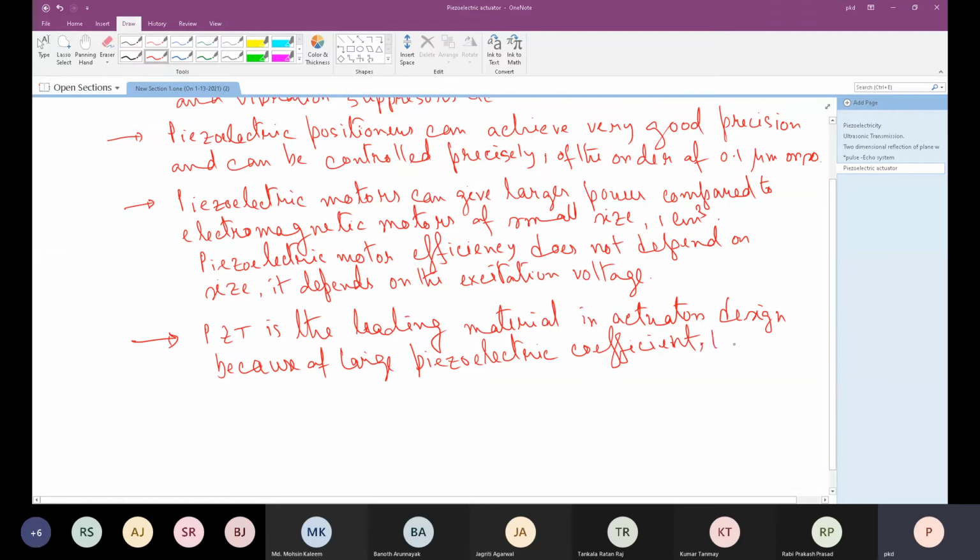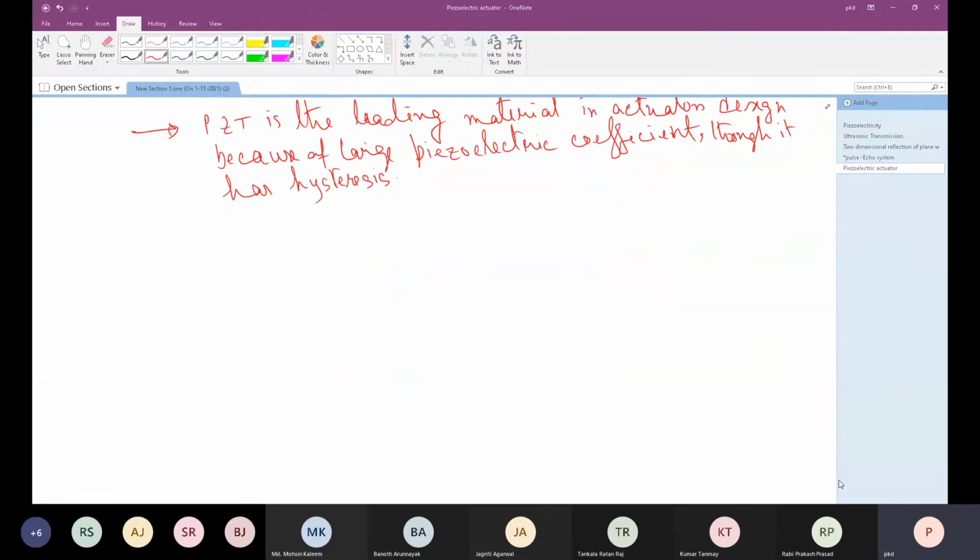Though it has hysteresis, so with respect to voltage and displacement, it has some amount of hysteresis, in voltage or electric field based actuation. For example, static force.